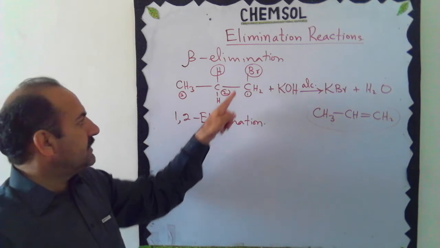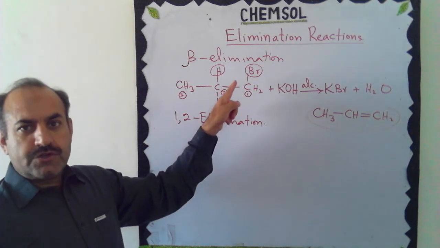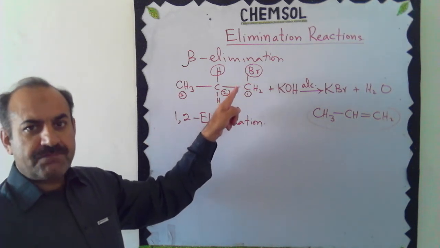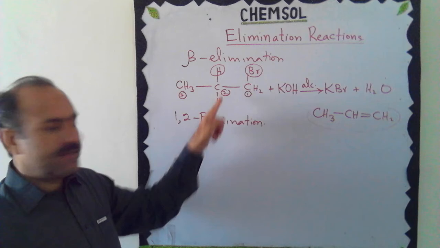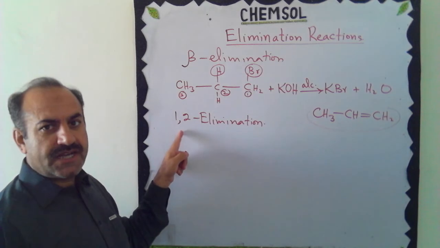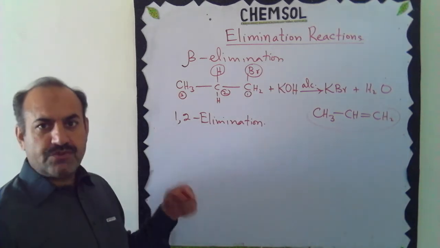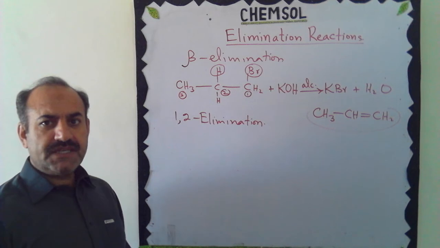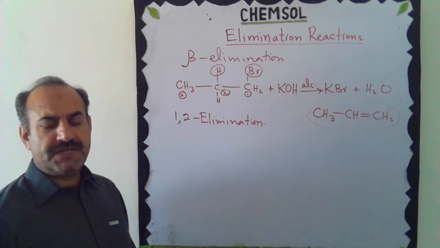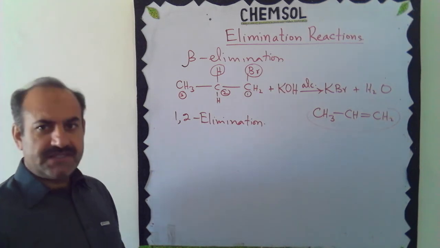Since the groups are eliminated from the first and second carbon, it is also called 1,2 elimination. But this is not limited to 1,2 elimination. It may also be 3,4 elimination, 2,3 elimination, etc.